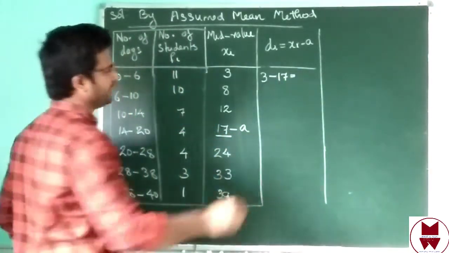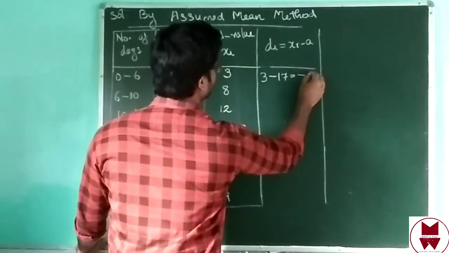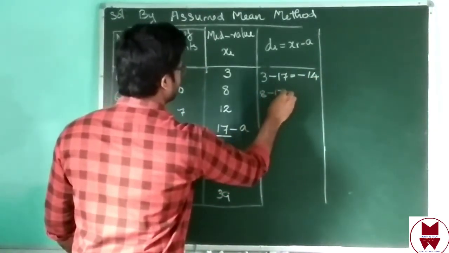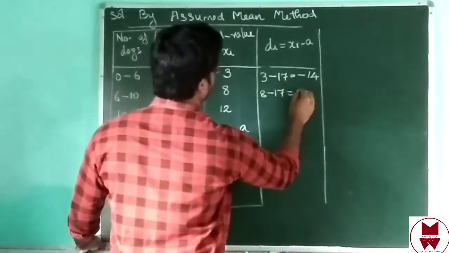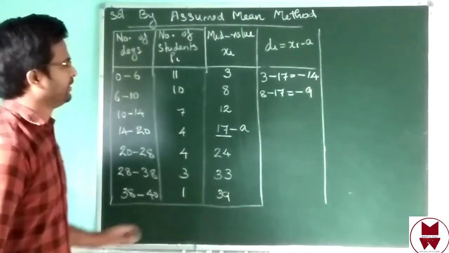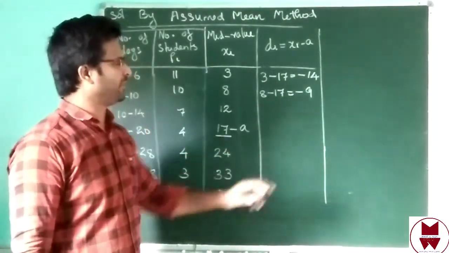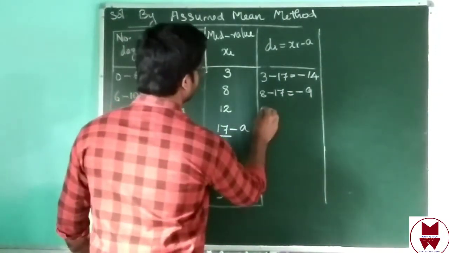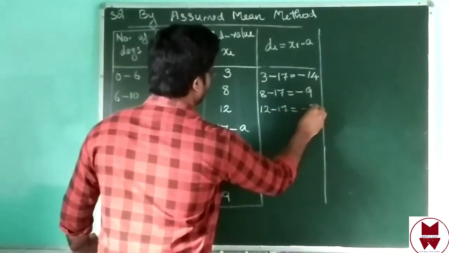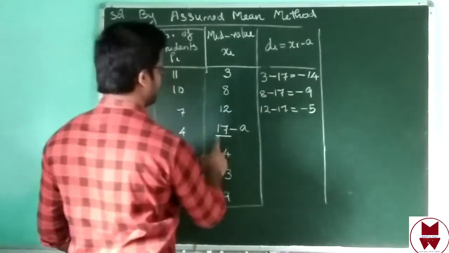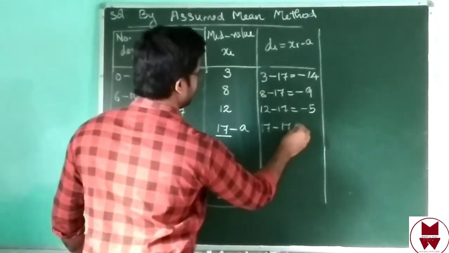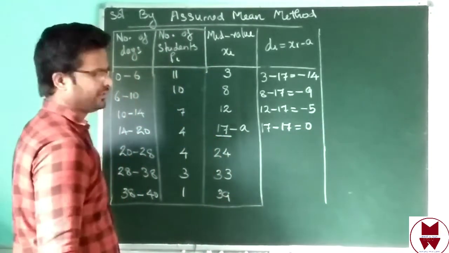3 minus 17, you will get minus 14. Then 8 minus 17, minus 9. 12 minus 17 equal to minus 5. Then xi is 17, and 17 minus a, also 17. 17 minus 17, 0.